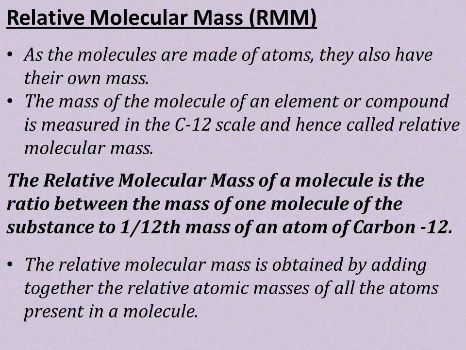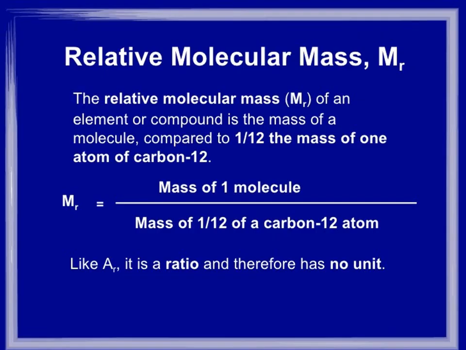The difference between relative molecular mass and relative atomic mass is only the word molecule and atom. The relative molecular mass is obtained by adding together the relative atomic masses of all the atoms present in the molecule.